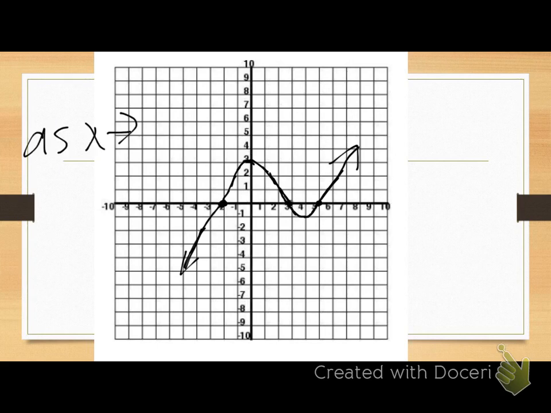As x goes to negative infinity, as my x values are getting smaller, what's happening to my y values? They're going down to positive or negative infinity? Negative infinity. Does everyone see that?